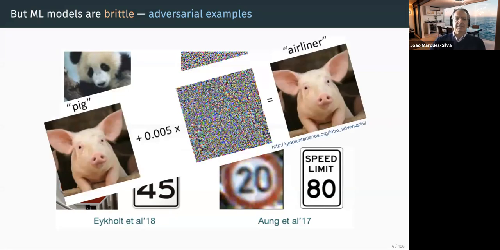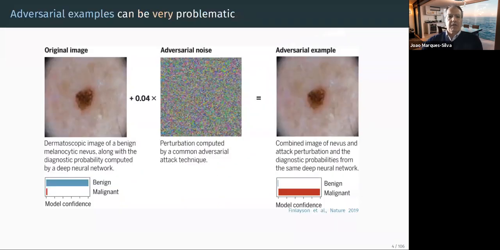So the standard pigs can fly example. You have the image of a pig, you add some noise to the image, and the machine learning system classifies it as an airliner. Of course, some of those previous examples are anecdotal. Some others are very serious. So this is an image of skin, which was classified by a machine learning model as benign.